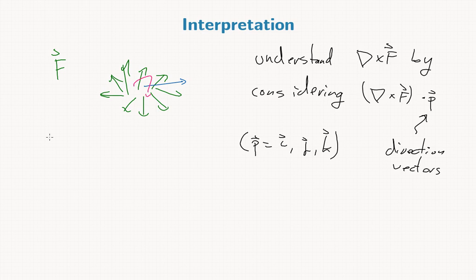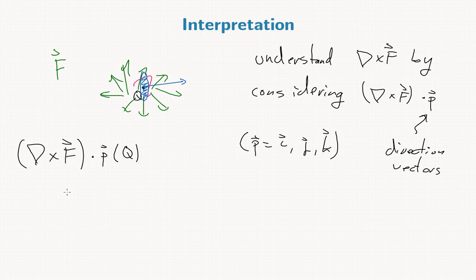So if we want to understand the curl of F dotted with P, let's say we want to understand this at some point Q. Well, we can consider a small disk centered at Q and orthogonal to whatever direction vector we're choosing.